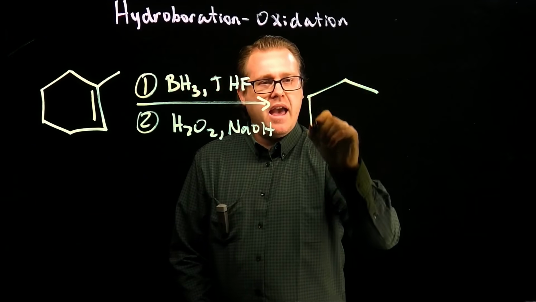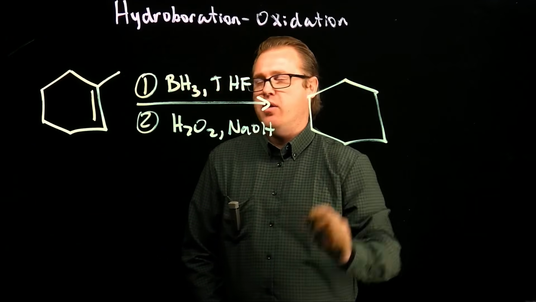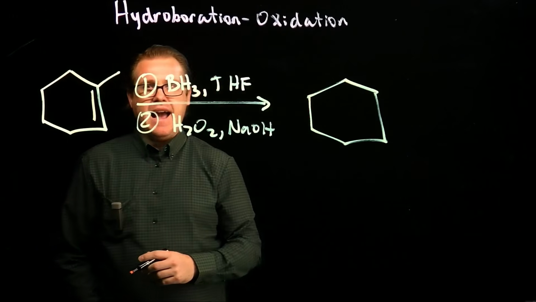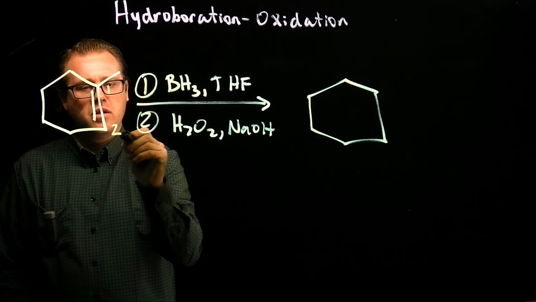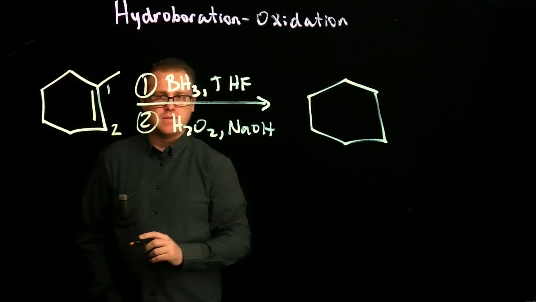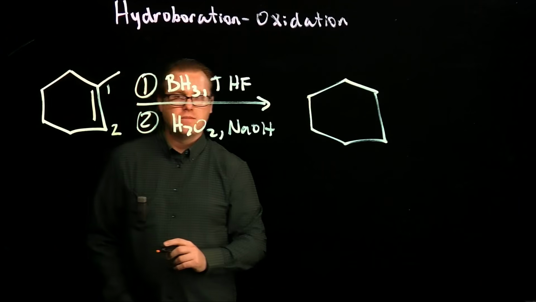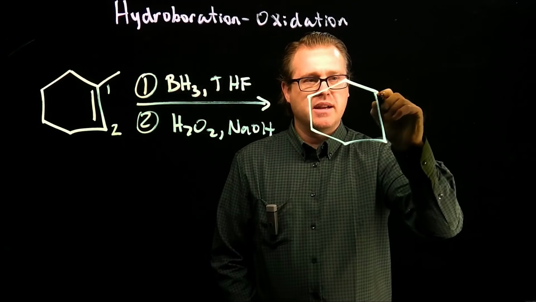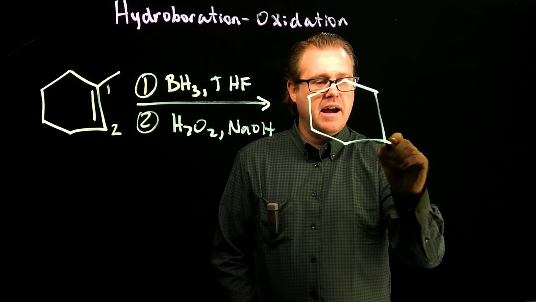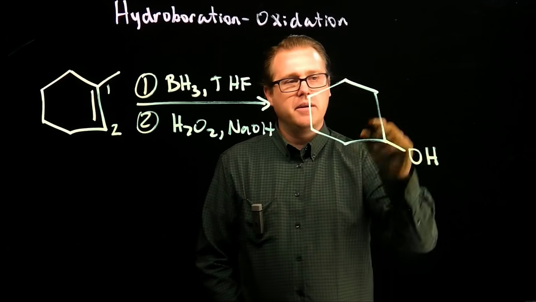But can you pause the video and tell me where the alcohol is going to go? Is it going to go on carbon 1 or carbon 2? What do you think? Well, it's going to go to the less substituted side. So we're going to have the alcohol go here. Okay?